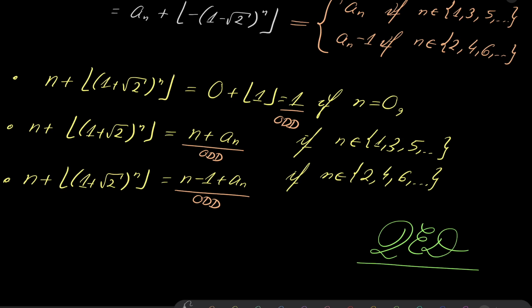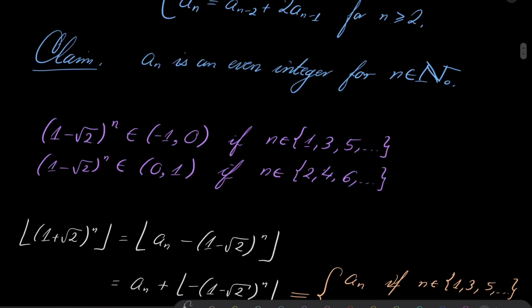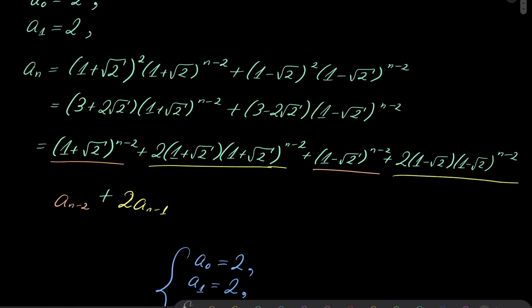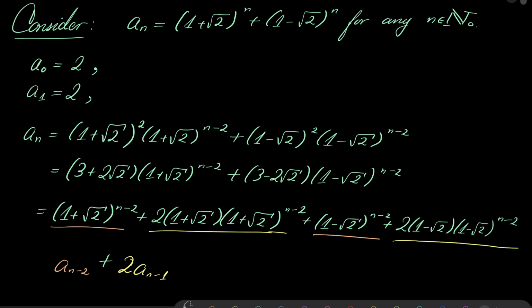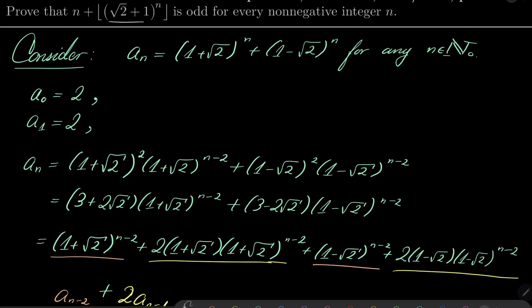So remember this trick: when in an Olympiad problem you see a floor and under the floor is something like square root of something plus something, it's very often a good idea to introduce the conjugate of this number. So if we have 1 plus square root of 2, introduce 1 minus square root of 2.